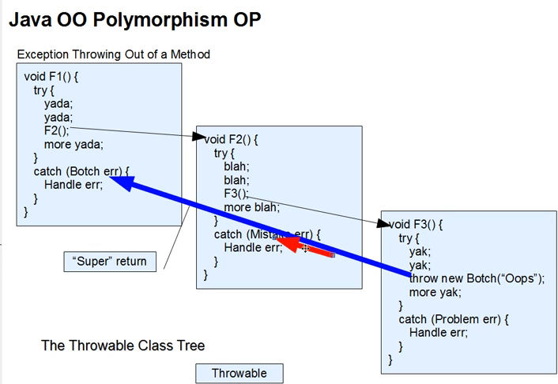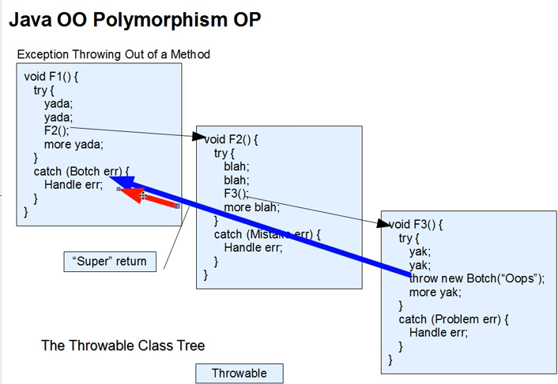And finally, f3 throws a botch object with an appropriate error message, but f3 has no catch block for botches, only for problems, evidently. So the exception goes back to f2, which also lacks a catch block for botches. So the exception finally goes all the way back to f1, which does have an appropriate catch block. And the big blue arrow here obviously shows that jump.